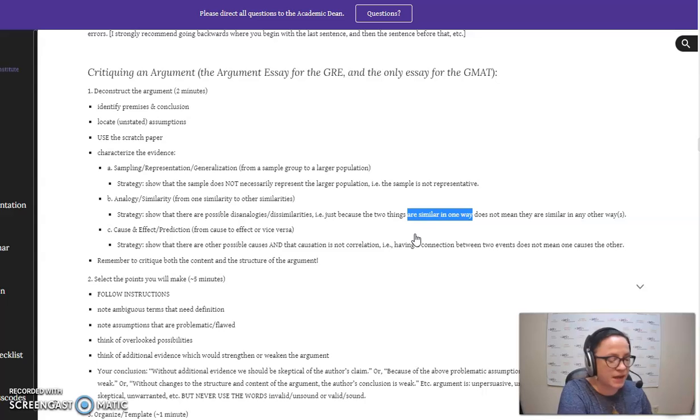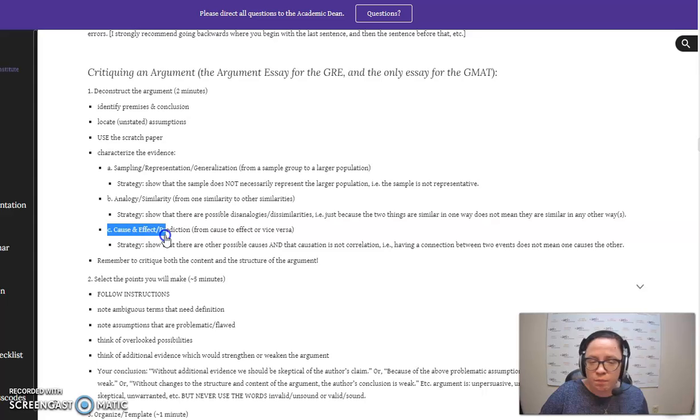If I test medication on mice, it doesn't necessarily prove that it's going to be harmful or safe for humans in the same way. Although I think there are some cases where that is true, and I'm not enough of a scientist to tell you which. But the general principle stands that you cannot rely on a single similarity to conclude necessarily that other similarities, other analogies are true.